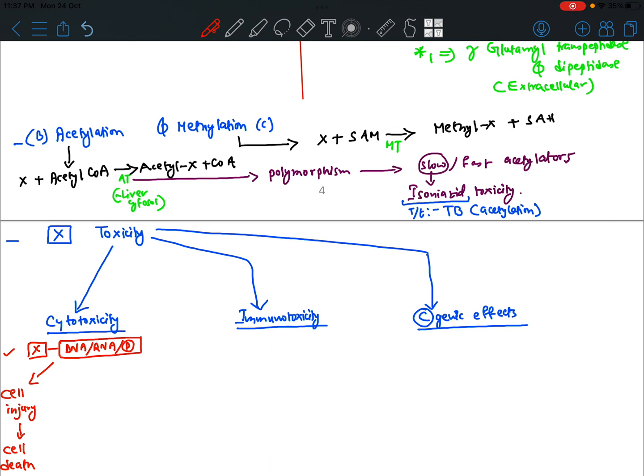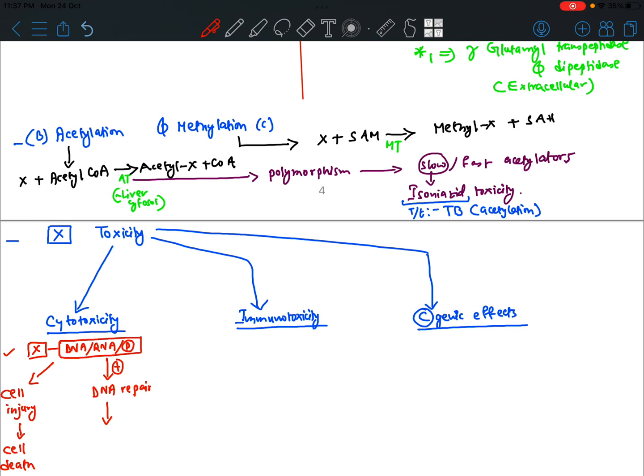Now in response to DNA damage, DNA repair mechanisms will be activated. DNA repair mechanisms use ADP ribose, and the source of ADP ribose is NAD.